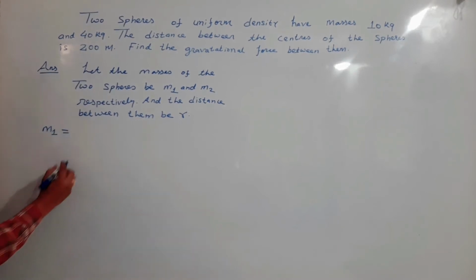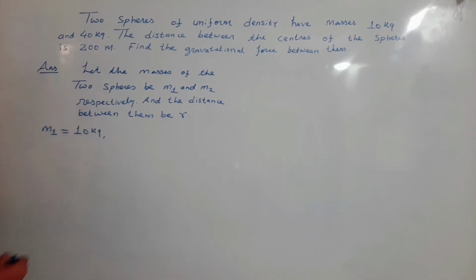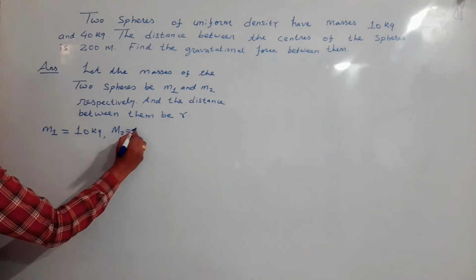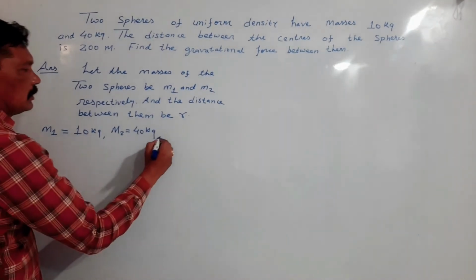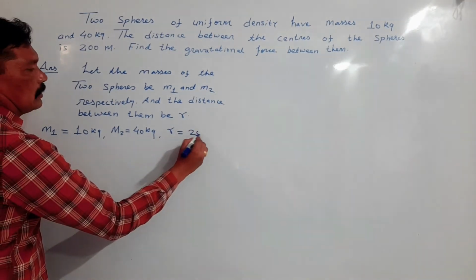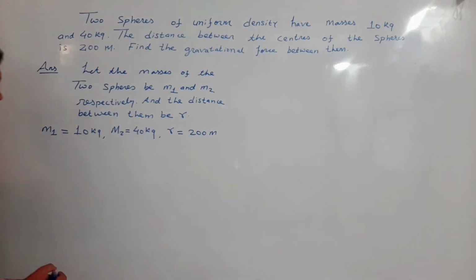M1 is equal to 10 kg. M2 is equal to 40 kg. The distance between them, R, is given, that is 200 meter.